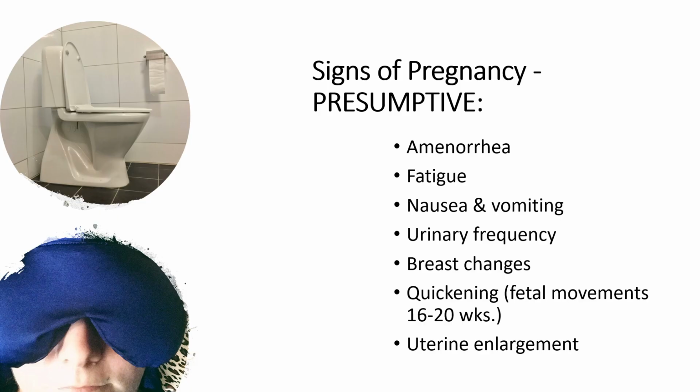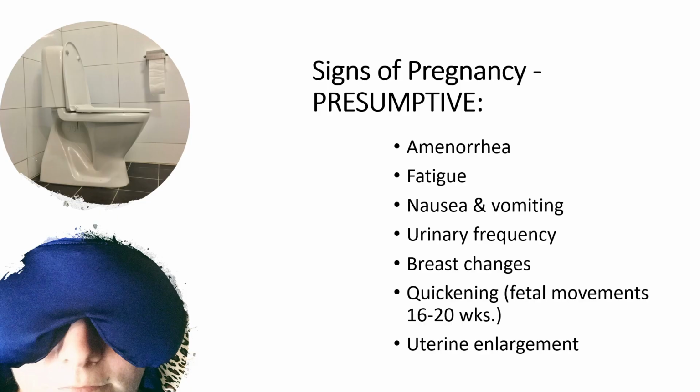All right, so signs of pregnancy based on presumptive signs and symptoms. And this again is based on what the patient reports and what the patient feels. So when a patient has presumptive signs, she is experiencing amenorrhea, which means she's no longer having any periods.